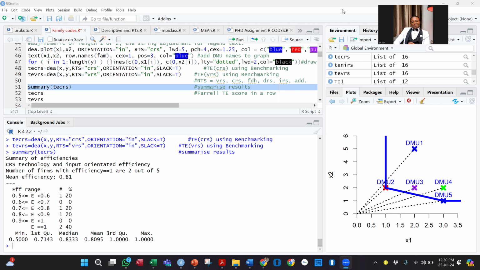However, let me give you another clue to see that the industry can exhibit VRS. That is when the standard deviation is bigger than the mean. So let's say you calculate the mean of a particular variable. Let's say you have the labor, the number of workers for the firms in the industry.